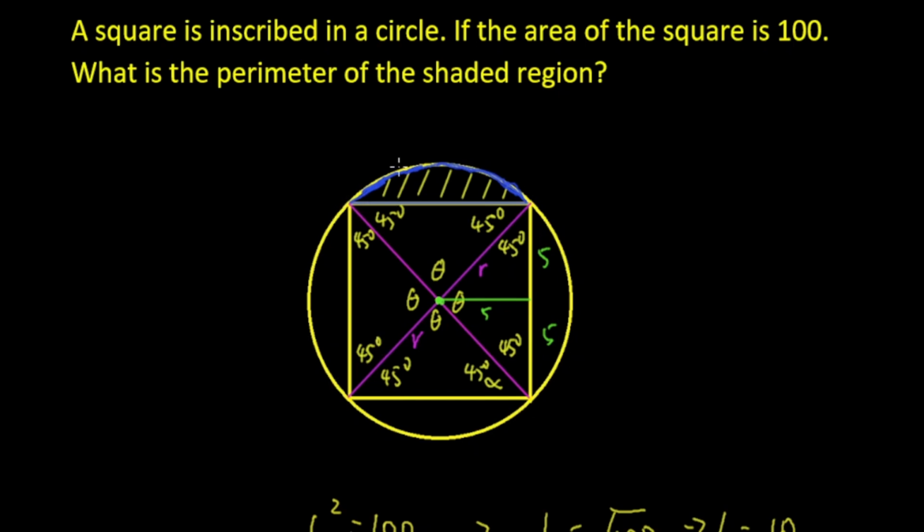That means these are 4 equal arc lengths here in the circle. And at the same time, the sector here is equal to the sector here, is equal to the sector here, is equal to the sector here. So that means you can also see this arc length here as 1/4 of the entire circumference.